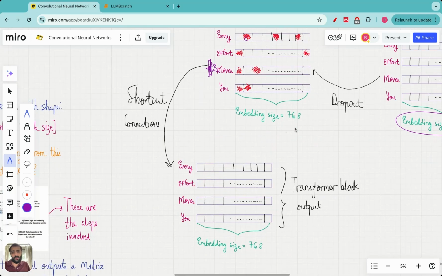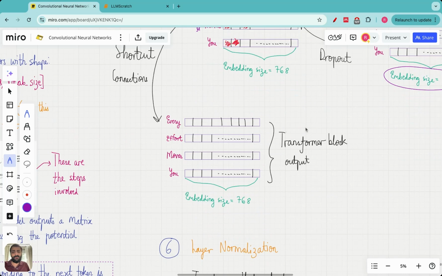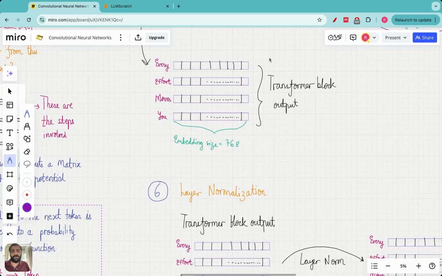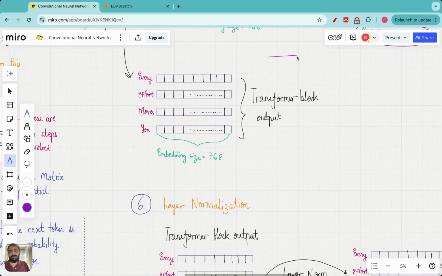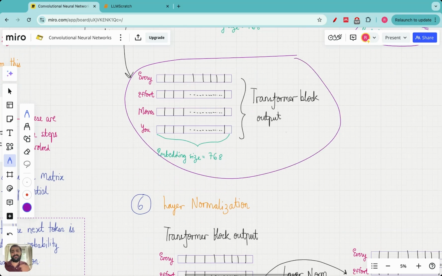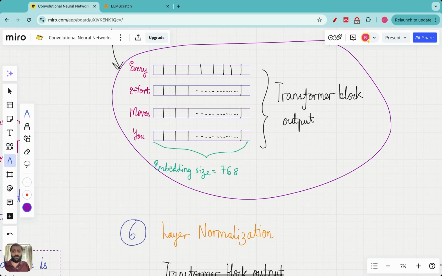And then the output from the shortcut connection is our transformer block output over here. So right now, the transformer block output which I'm highlighting is the output after so many steps in the transformer block. If you look at the dimensions of this output, you'll see that every token is again a 768 dimensional vector over here. So the dimensions are exactly the same as the input to the transformer block.